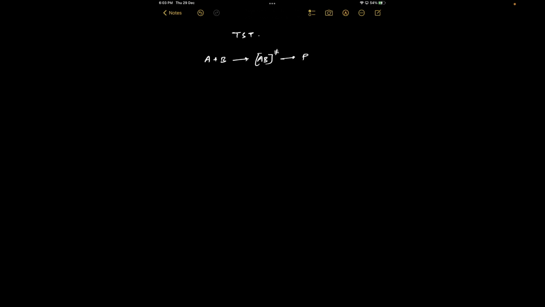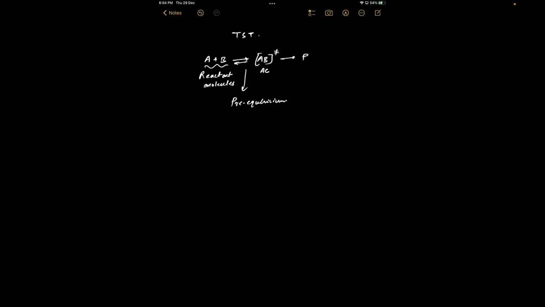The second assumption is that there is a pre-equilibrium between the activated complex and the reactant molecules. This is the main assumption of transition state theory.